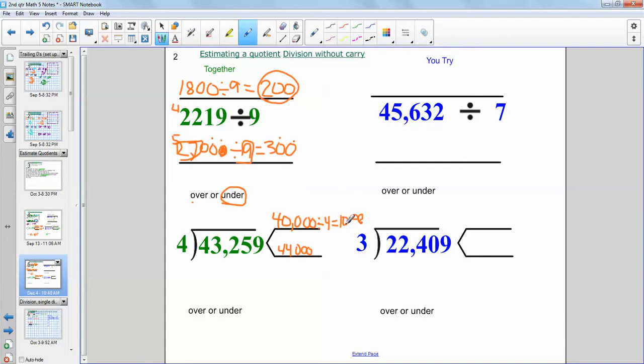So I'm going to have either 10,000 or 11,000. 43 is closer to 44, so 11,000 is going to be a closer estimate for me to use, and that will be an overestimate. So go ahead and hit pause on the video again, and I'll come back with the right answers for you to check.